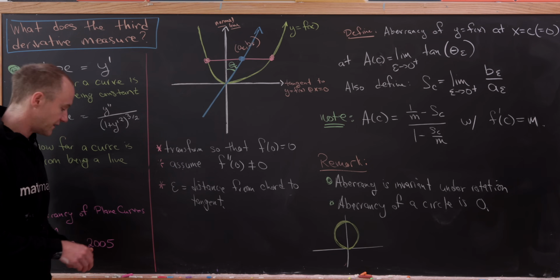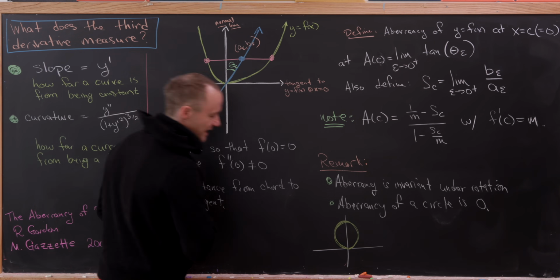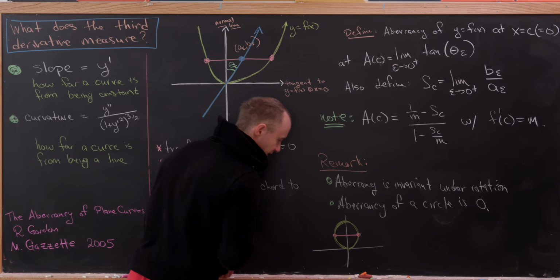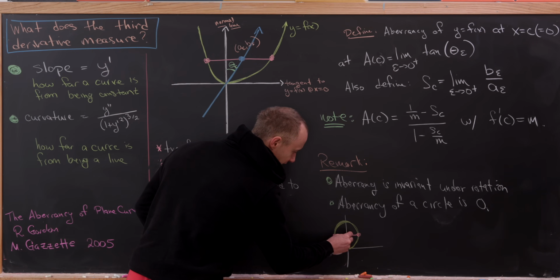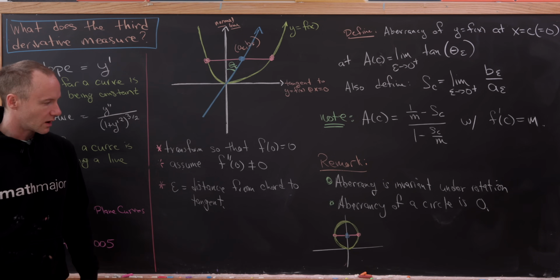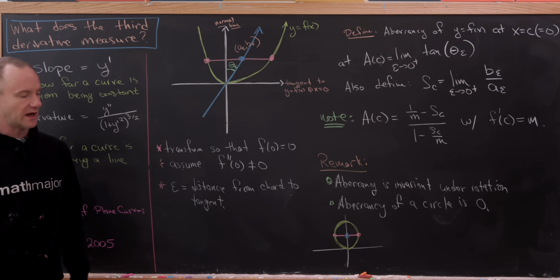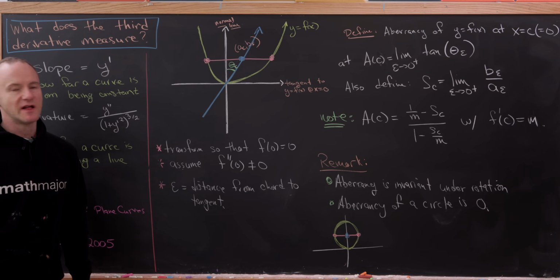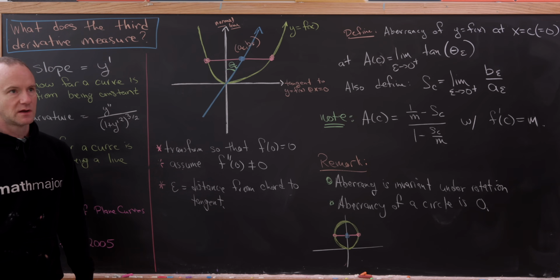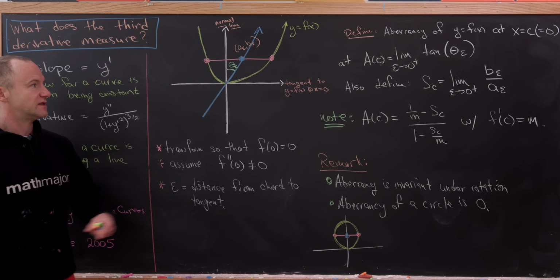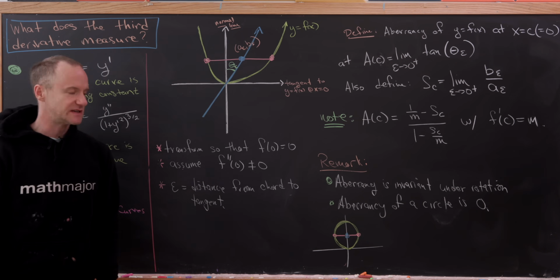Now, if you draw one of these chords like we had done before, so there would be a chord, but then let's look at this midpoint here. This midpoint is always going to be along the normal line. But if that midpoint is always going to be along the normal line, then that means your theta epsilon angle will always be equal to 0, which means this limit up here will always be 0.